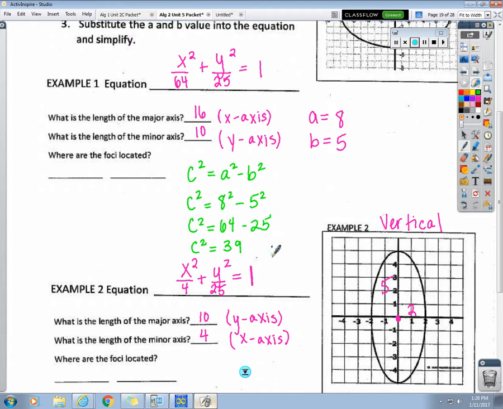To figure out what any variable equals, don't you have to get it by itself? Why is it currently not by itself? How do you get rid of the squared? Square root it. And so C equals the square root of 39, which you're going to want to put in your calculator and get a decimal version.